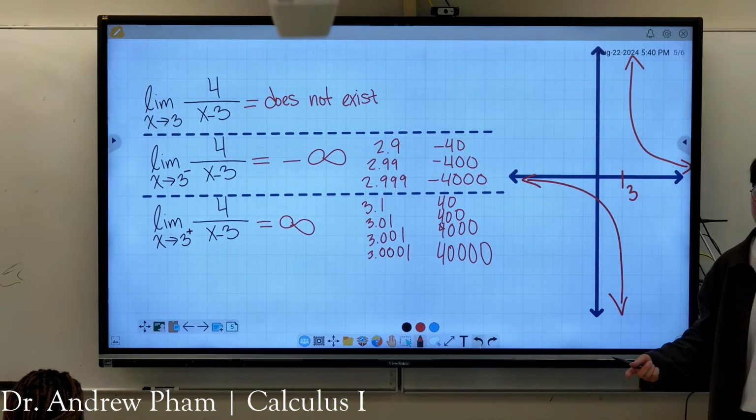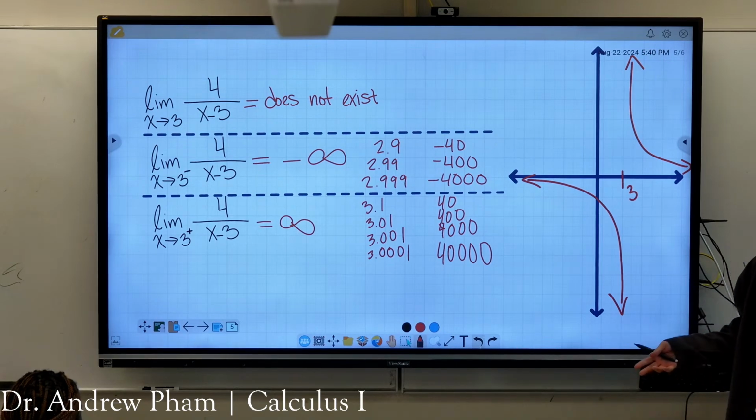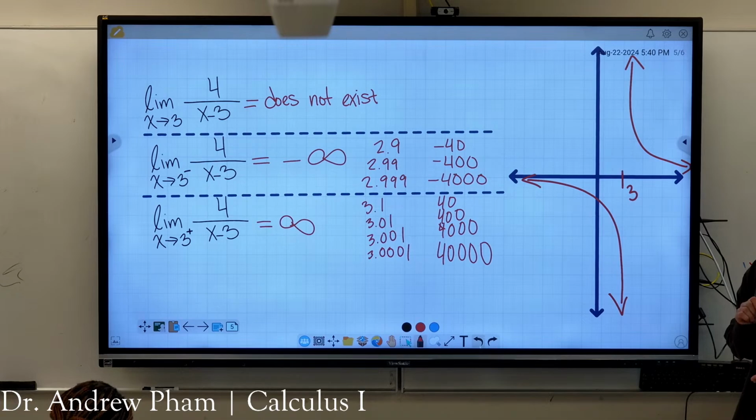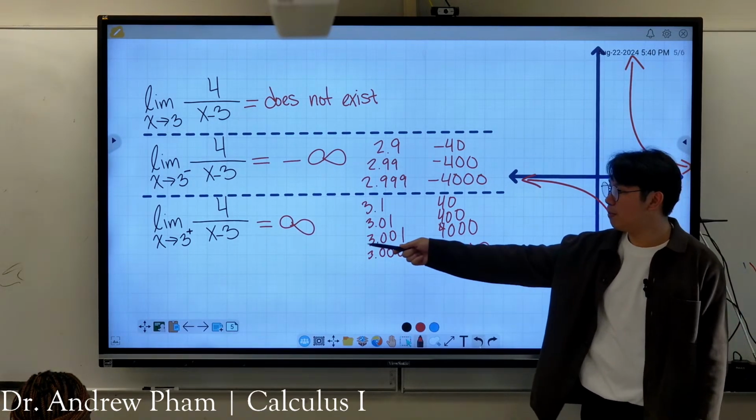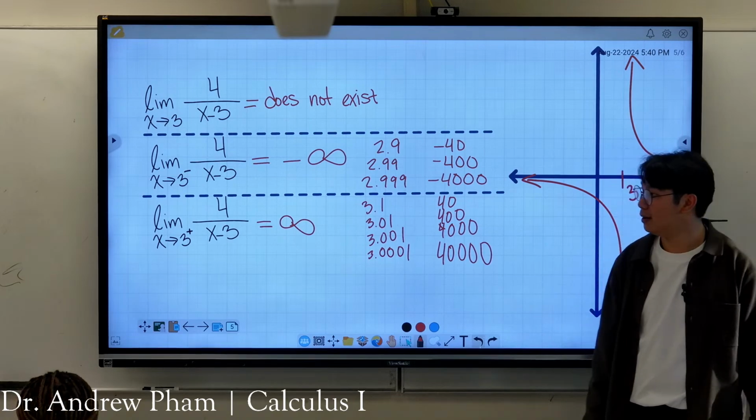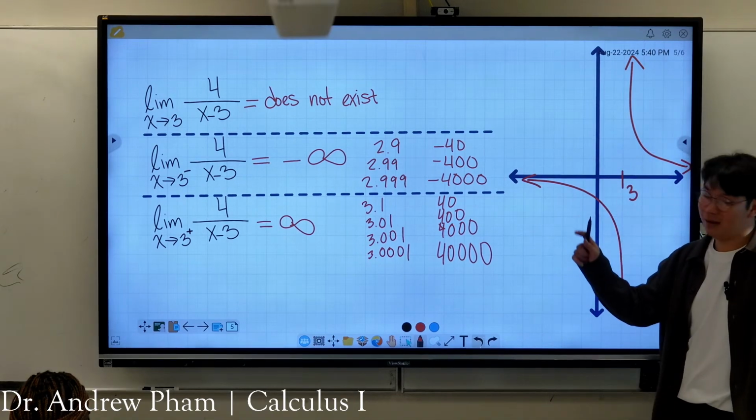Positive. Again, to the right of 3, you think 3.1, 4. If I subtract 3, then that's positive. What's a positive divided by a positive? That's still positive. So, since I know my only options are positive or negative infinity, my answer must be positive infinity. So we have this here.